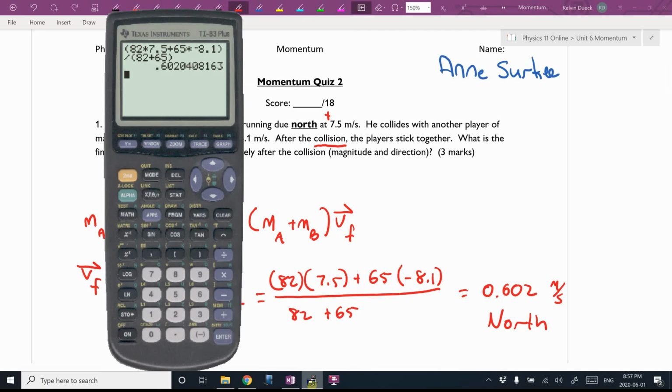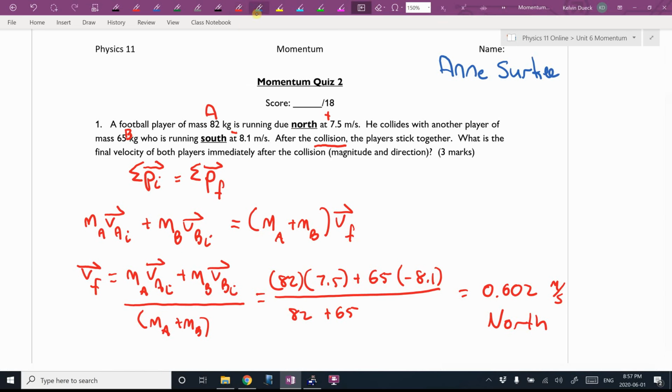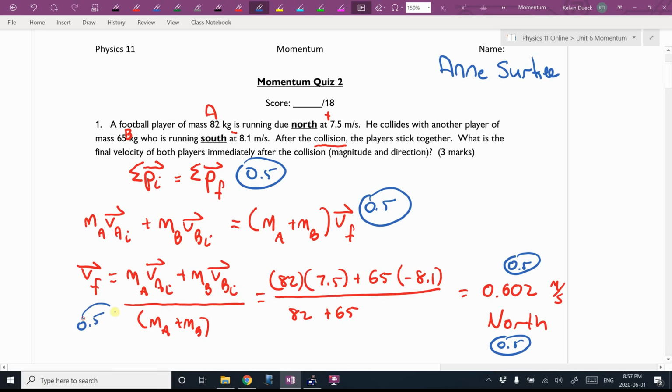That looks good. So in terms of part marks, if you got the right answer, I would give you 3 out of 3. Otherwise, I would give you a half mark for the magnitude, half mark for the direction. I would give you, I think, half mark if I saw that, half mark if I saw that, half mark if I saw that, and then a half mark for the numbers.